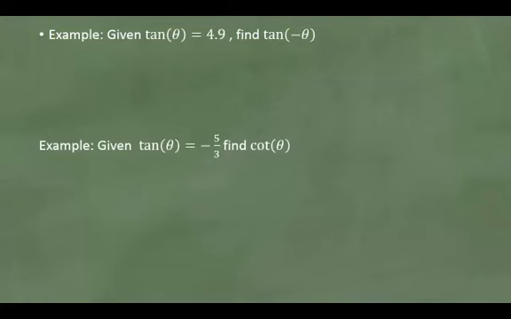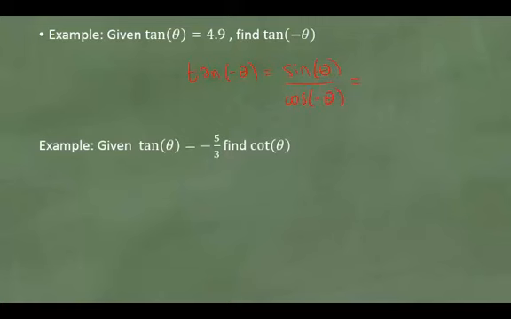So given tangent theta is equal to 4.9, find tangent of negative theta. How can we work this out? Well, there's an identity for that, but you don't even need that. Tangent of negative theta is the same thing as sine of negative theta over cosine of negative theta.